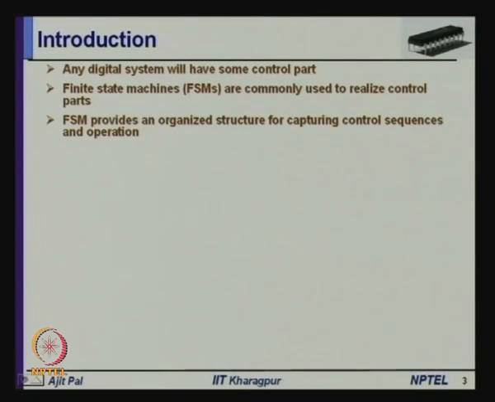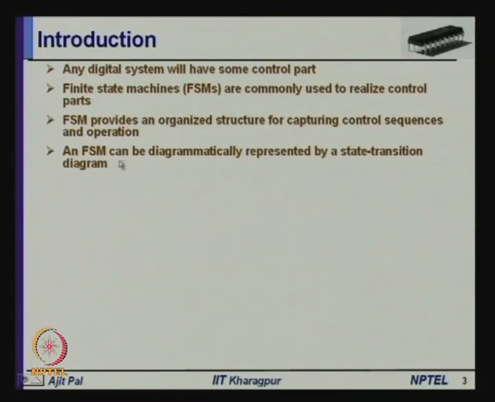And essentially FSM, the finite state machine, provides an organized structure for capturing control sequences and operation. As you know, a controller controls certain things through a sequence of events, through a number of steps, and it will require several functional components. So, this is being nicely captured with the help of a finite state machine.